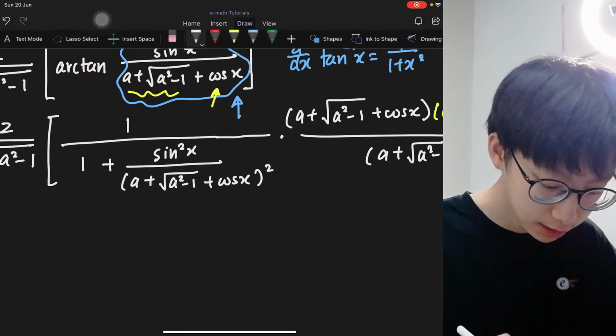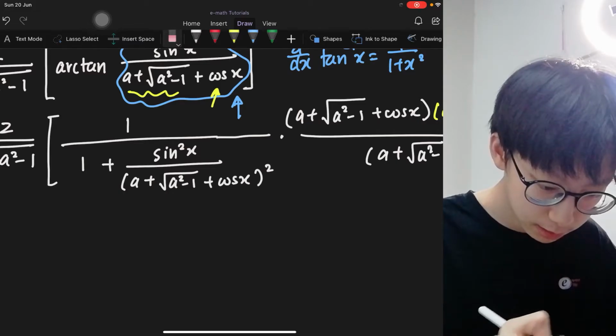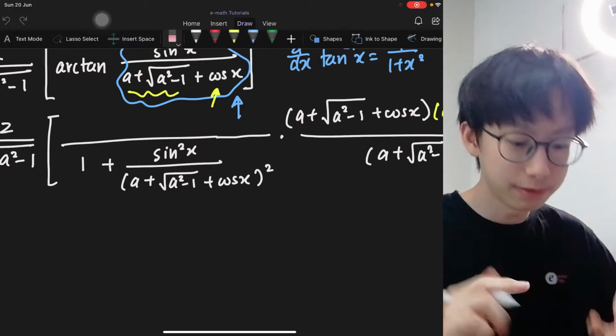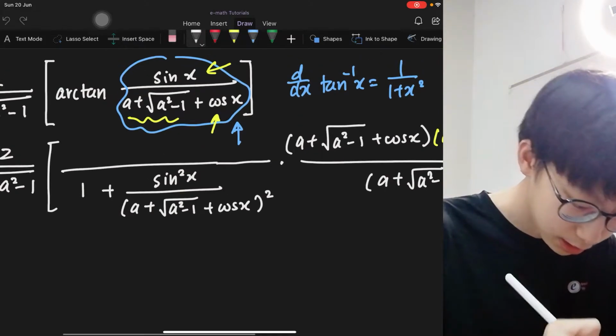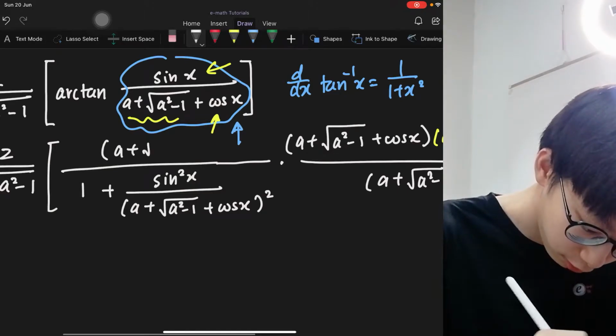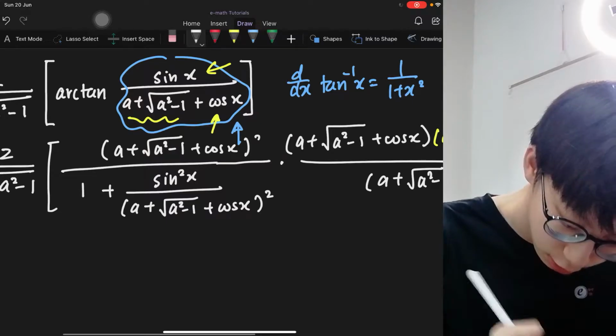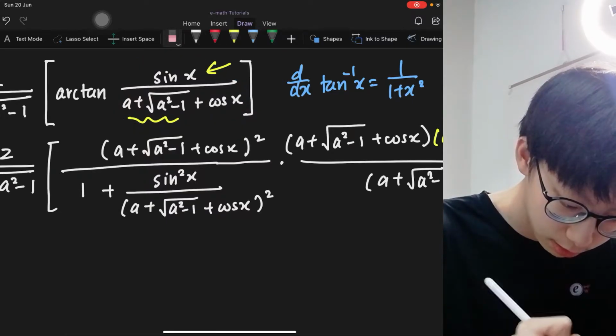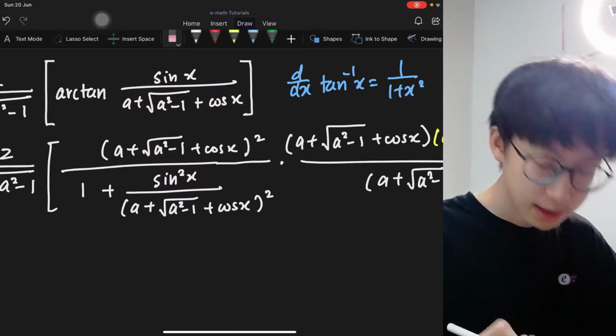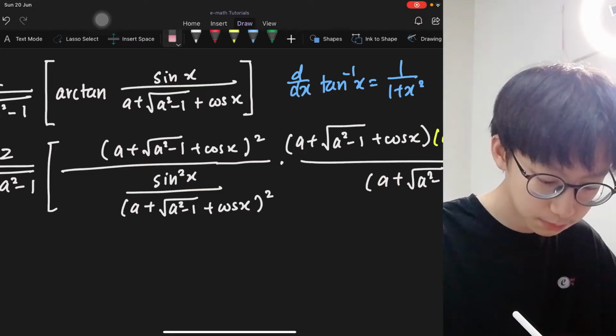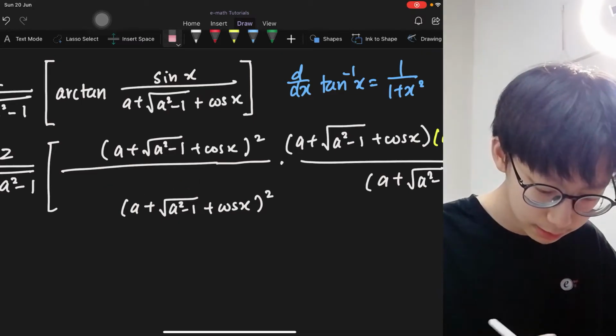Let me flip it first. So it is a plus square root of a squared minus 1 plus cos x, squared. Then the bottom will be, remember we have a sine squared x.